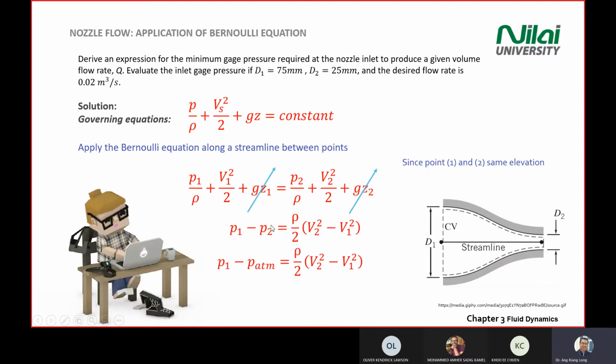We continue with the equation. You substitute what you know for point number 2. Pressure at point number 2 is your atmospheric pressure. So you just substitute what is given there.